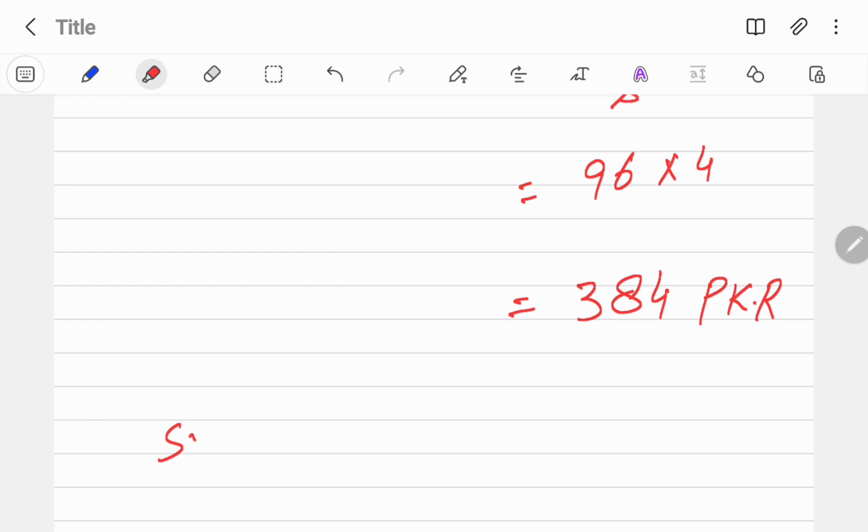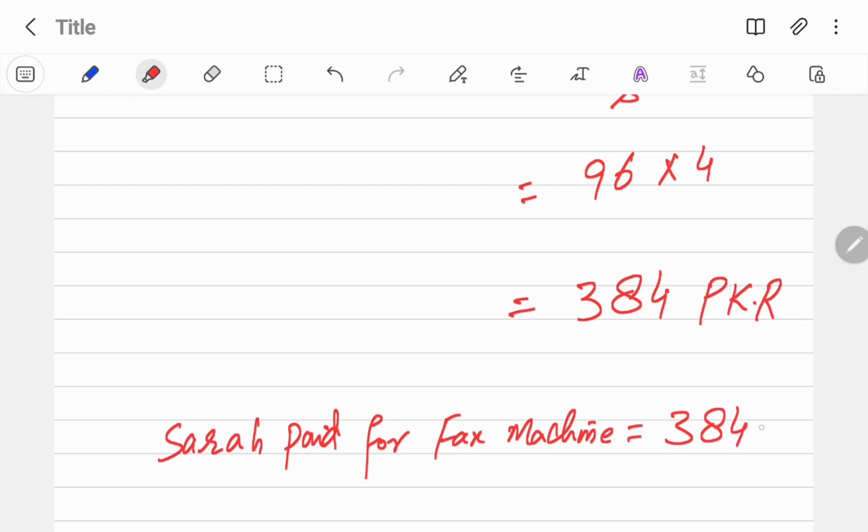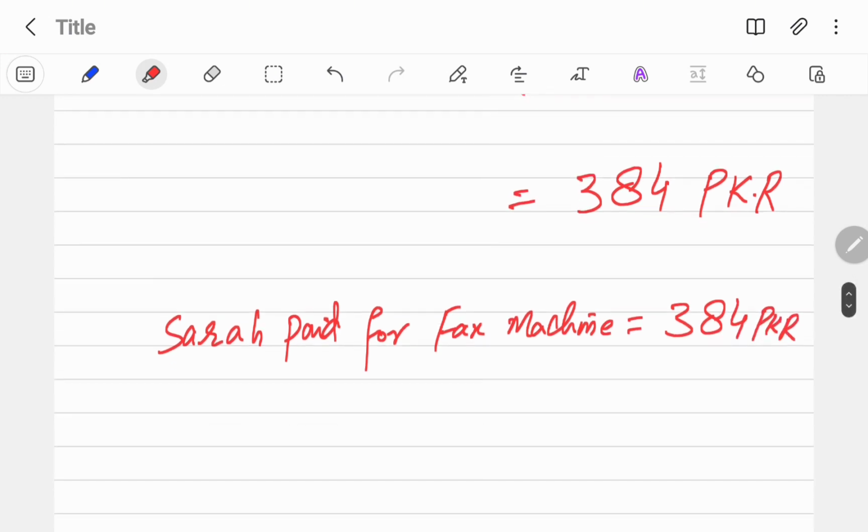So Sara paid for the fax machine 384 PKR. This is the required price of the fax machine.